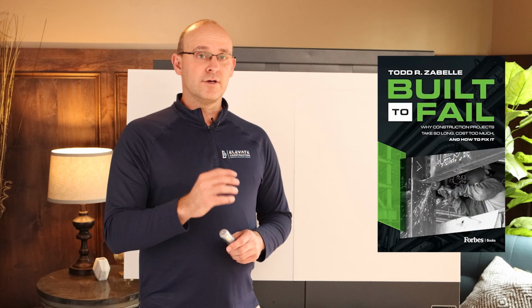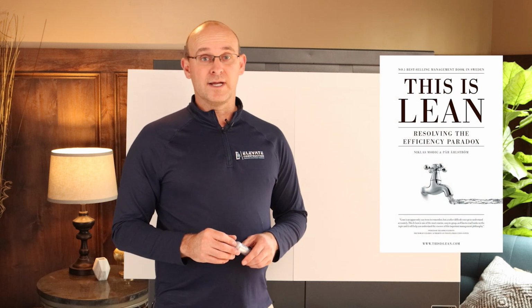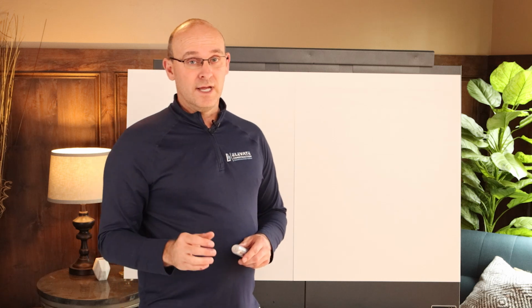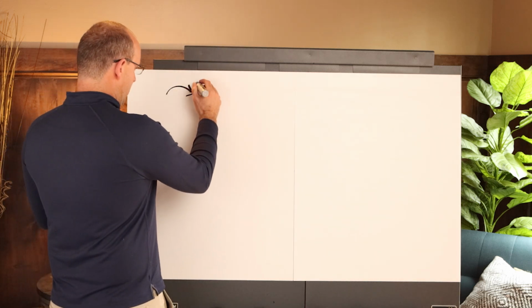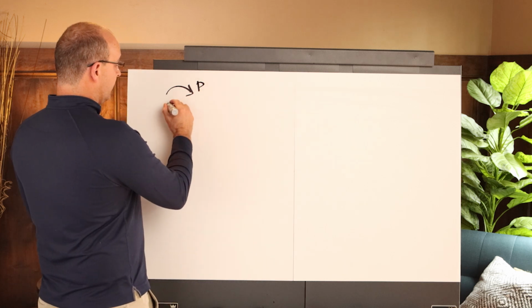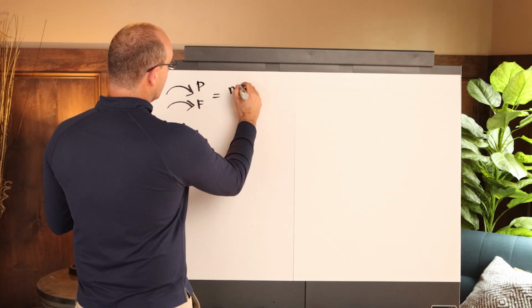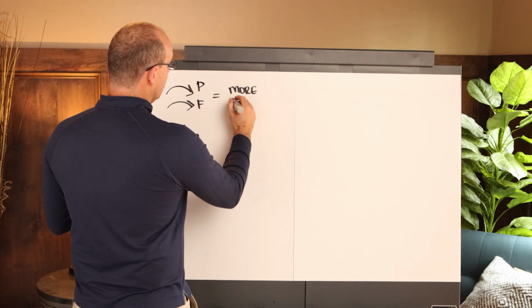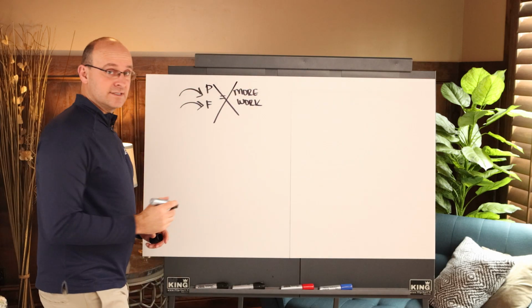I got this from the book Built to Fail, and then also from the book This is Lean by Nicholas Modig and Par Ahlstrom, but I'm going to simplify this for you. So the concept that the more people you add, or the faster you go, that equals more work is false, okay? This is false. I'm going to put an X through it right here, because of these different things.